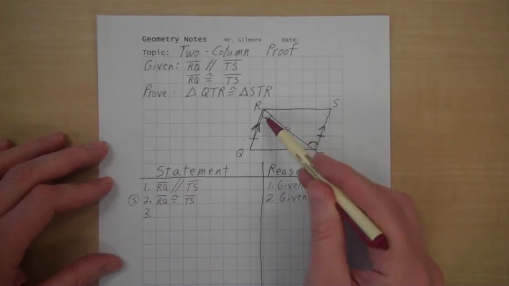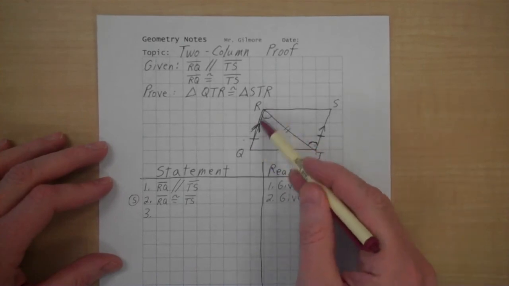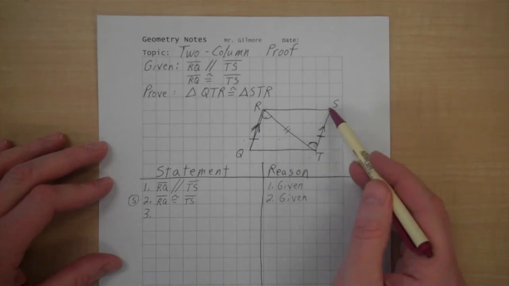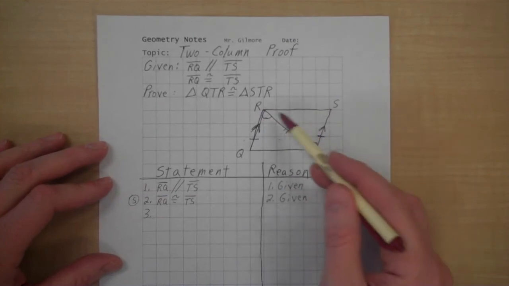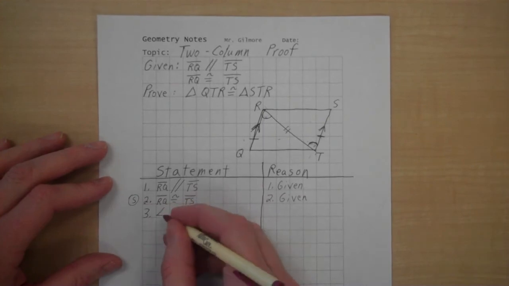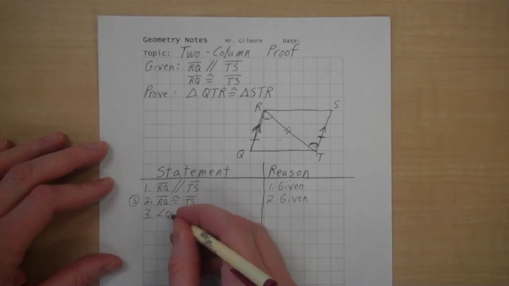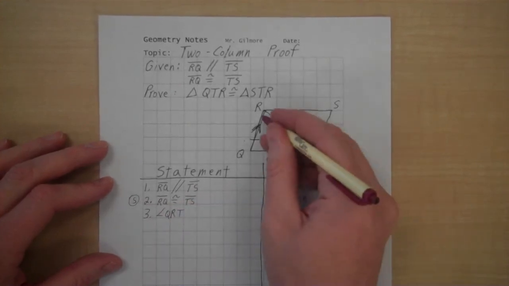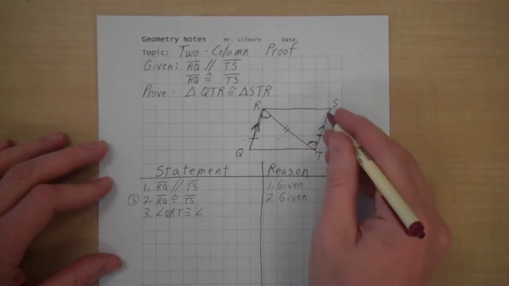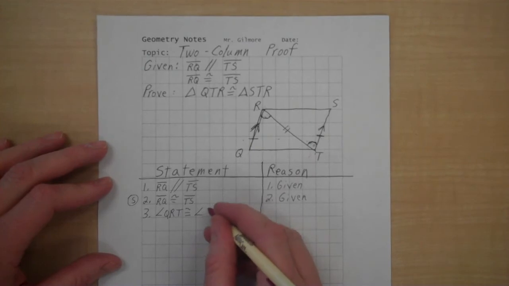The angle is this one right here, and if we have congruent lines and if we have parallel lines and alternate interior angles, those alternate interior angles are congruent. Angle QRT, that's this one right here, is congruent to angle STR.